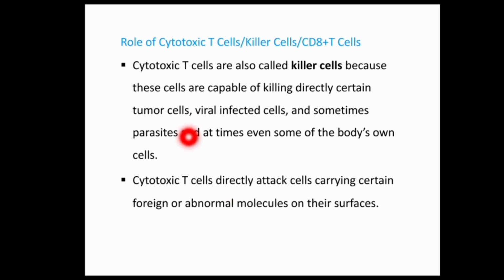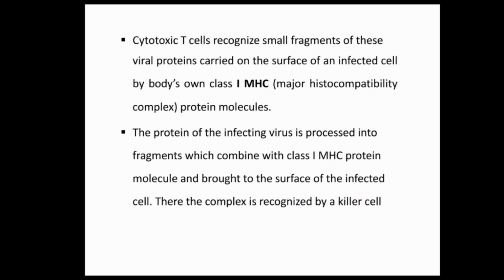Coming to the role of cytotoxic T cells, killer cells and CD8 T cells. Cytotoxic T cells are called killer cells because they are capable of directly killing certain tumor cells, virus-infected cells, and sometimes parasites also. Cytotoxic T cells directly attack cells carrying certain foreign or abnormal molecules on their surface.